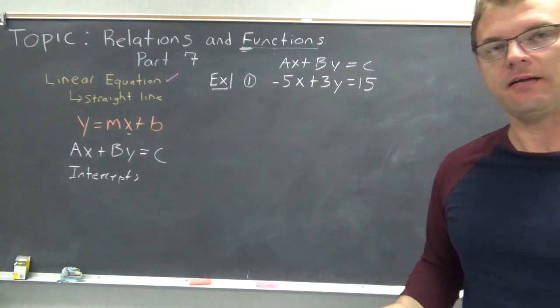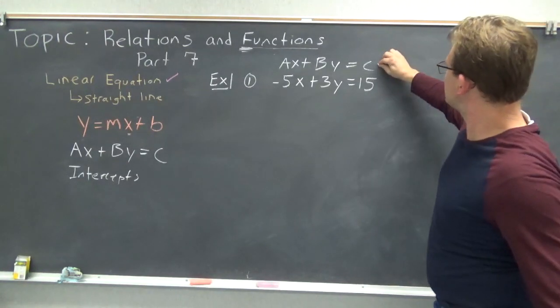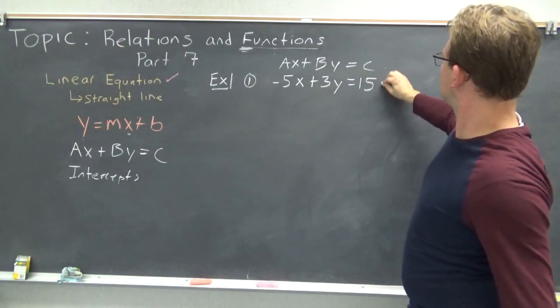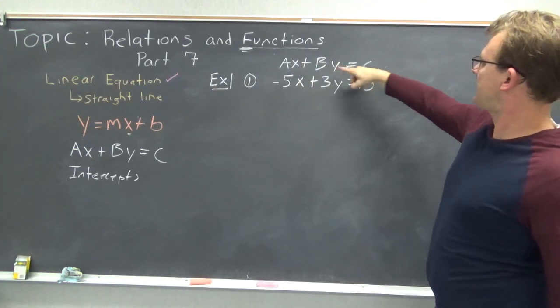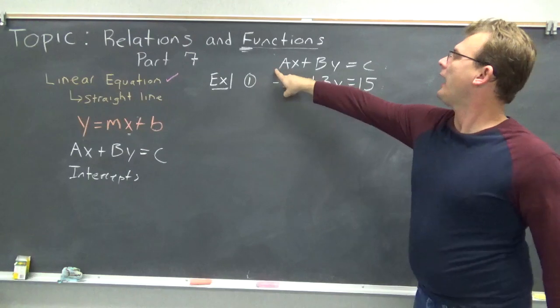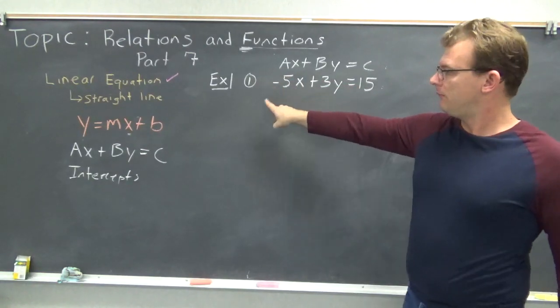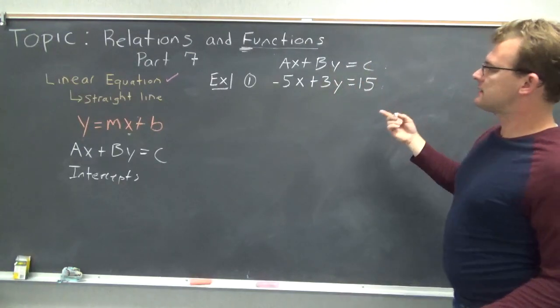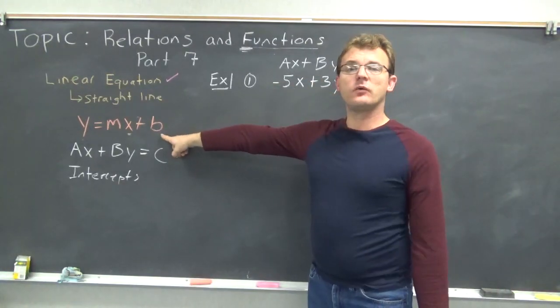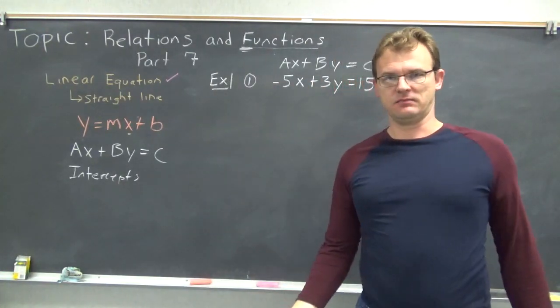You see how this and this are pretty much what the variables are? C is 15, B is 3, A is actually a negative. So this is also that linear equation, just in disguise.